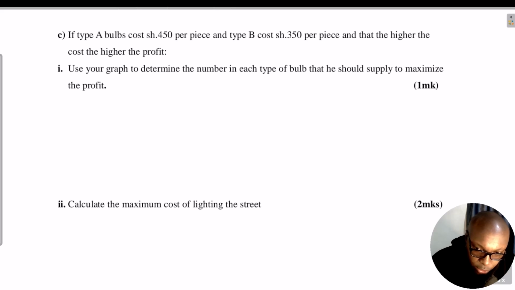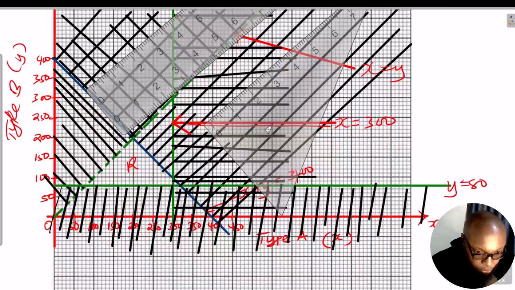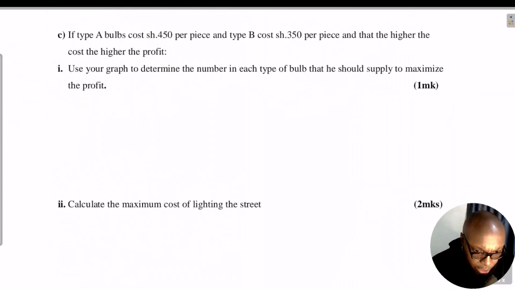To work that out, we need to know how to optimize. You're supposed to use this graph to determine the number of type A bulbs and type B bulbs that will give maximum profit. So you're required to maximize.